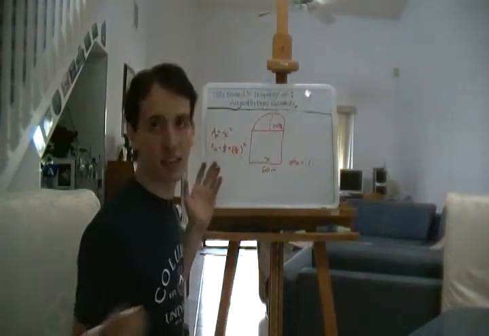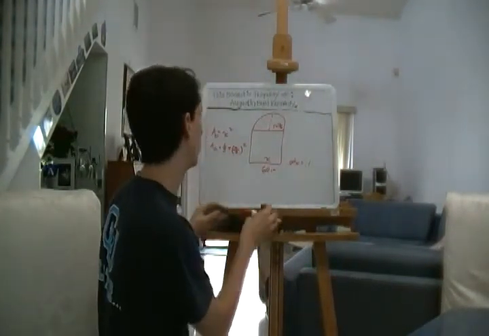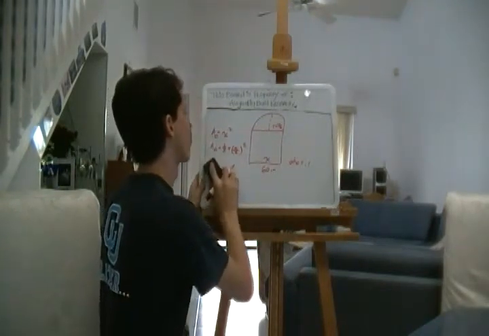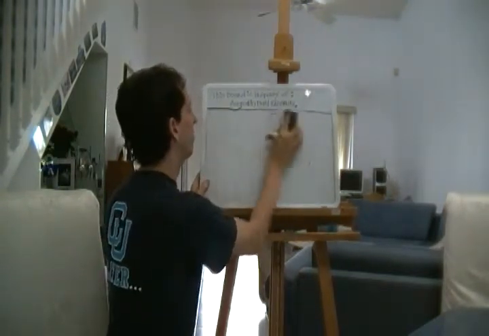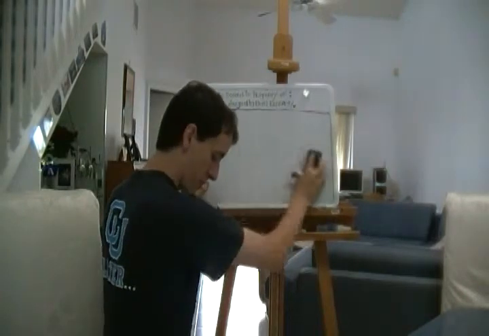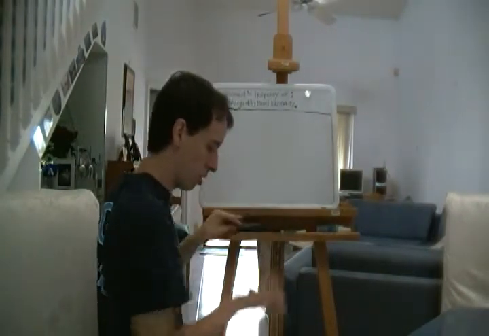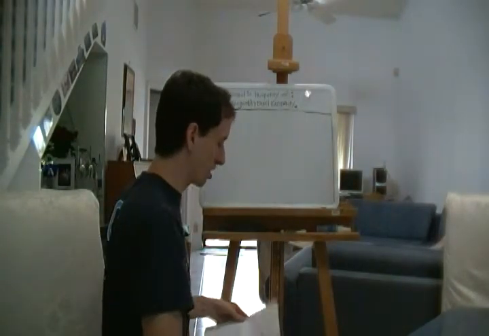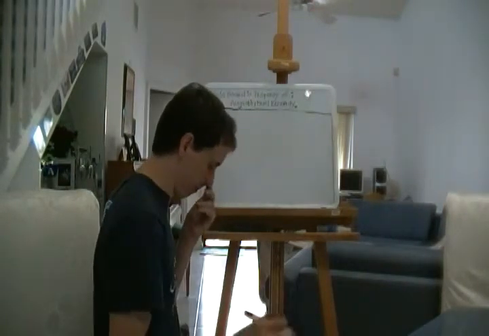But we know that x is 60. So, hold on a second. What we're going to do now is explicitly write out the area.